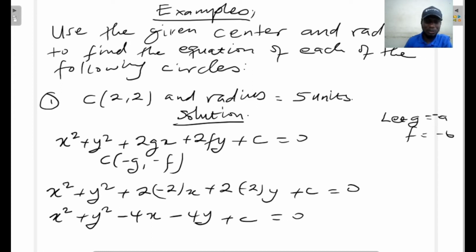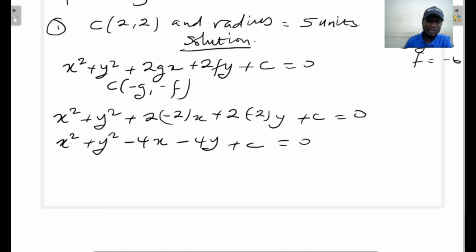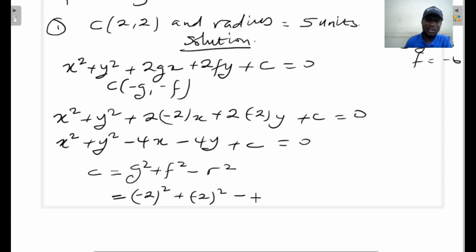But remember, earlier in this formula, we said that c equals g squared plus f squared minus r squared. So that is just what we are going to do to get our c. We know our g to be negative 2, squared, plus our f, also negative 2, we have to square it, minus our r, which is 5.